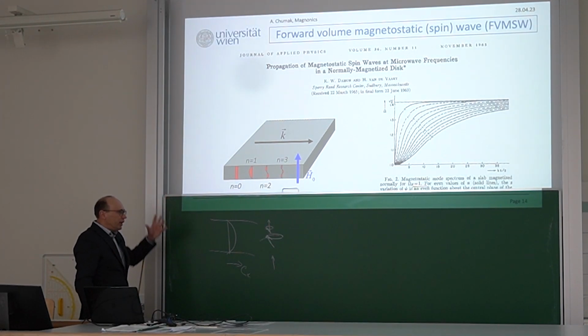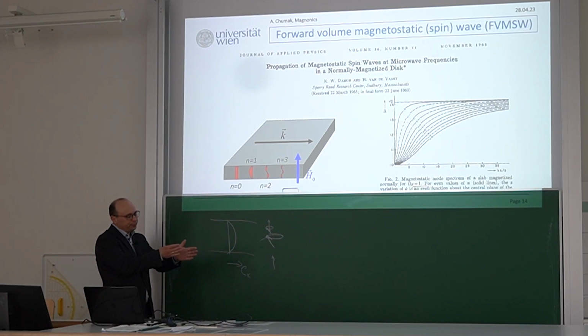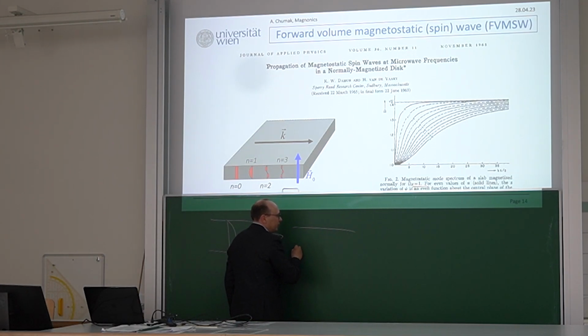In reality, as I said, this is maybe not a very good example because there is dipolar pinning, and even, if you go to lateral dimensions, there is dipolar exchange unpinning. But usually thickness modes are unpinned, so they don't have zero precession angle at the surfaces, but they have maximum precession angle.